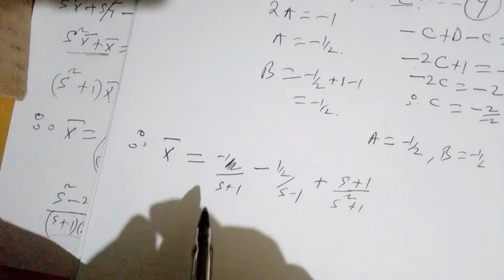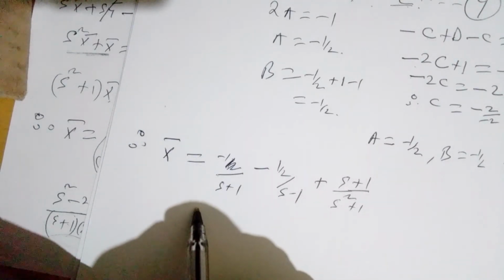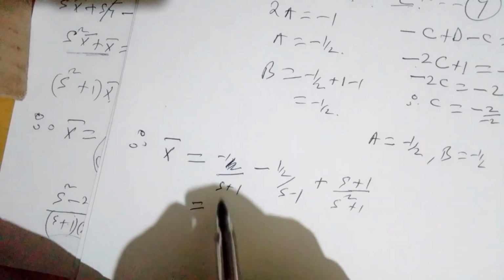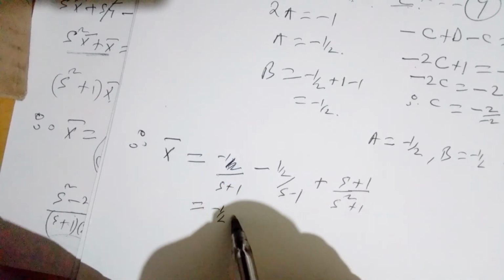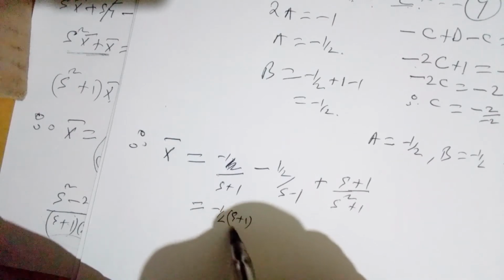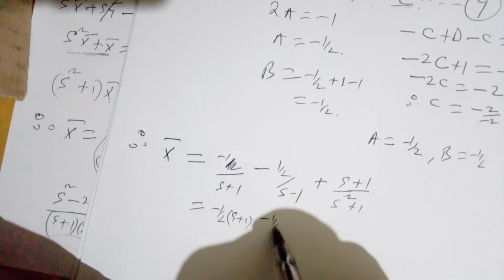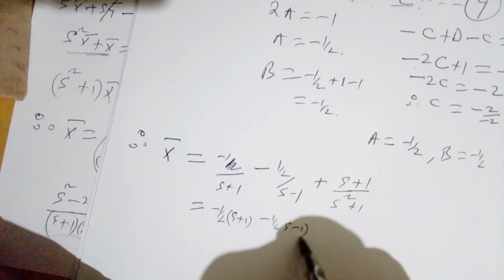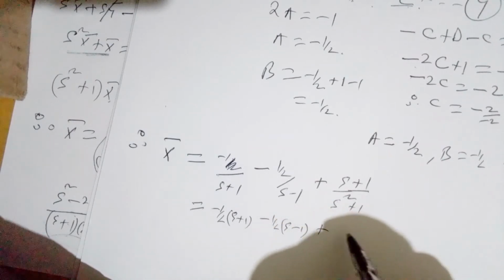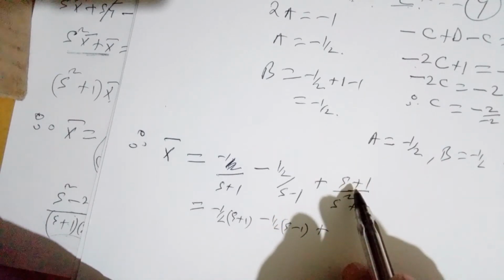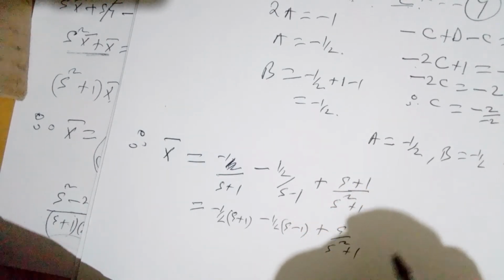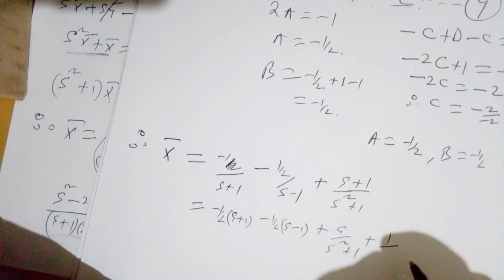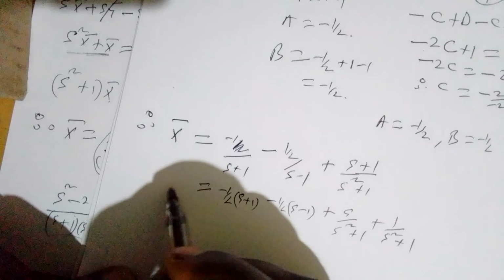Now, this equals, this is the same as negative a half over s plus 1, minus a half over s minus 1, plus, we can break this fraction, s over s squared plus 1, plus 1 over s squared plus 1.